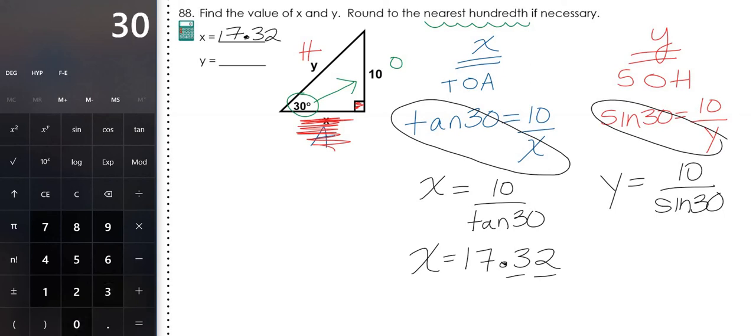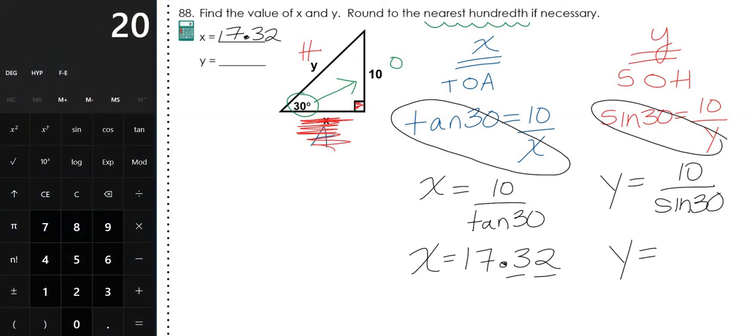So 30 sine. It tells you that the sine of 30 is 1/2, which is 0.5. And then you say, yes, use that number. You hit equals. So y is actually a nice whole number. It's exactly 20 units. So we're going to put down 20 for the length of y.